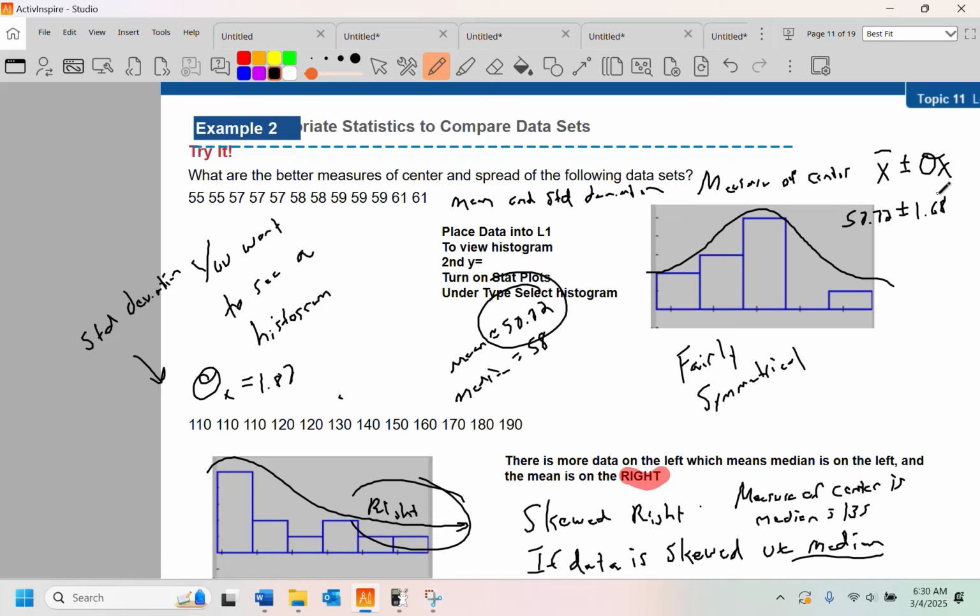If I do 57.72 plus 1.68, I'd have 59.4. If I do 57.72 minus 1.68, I'd have 56.04.